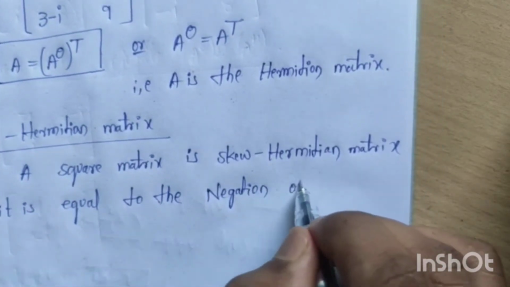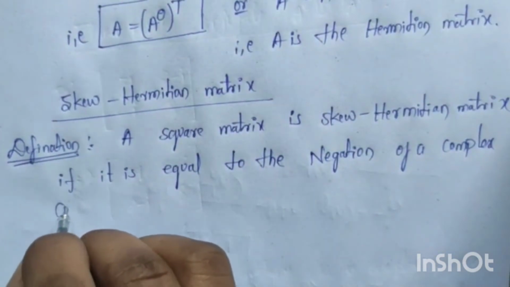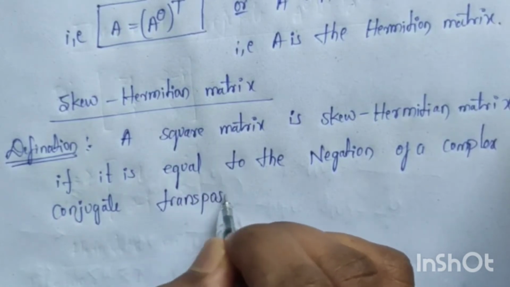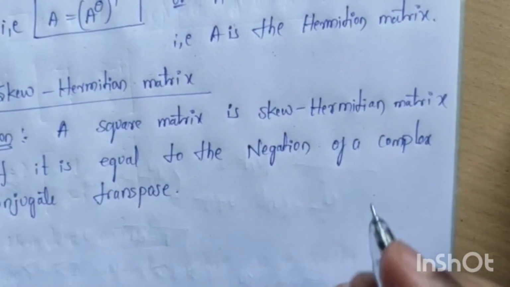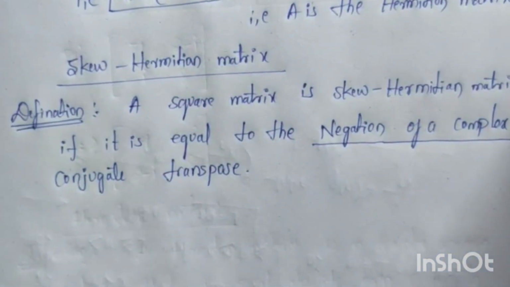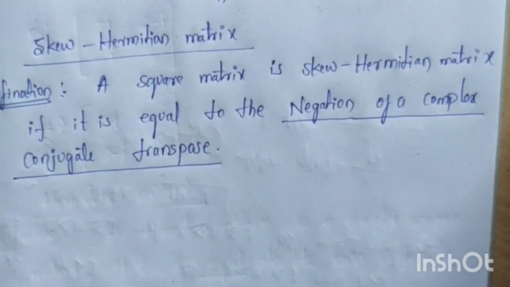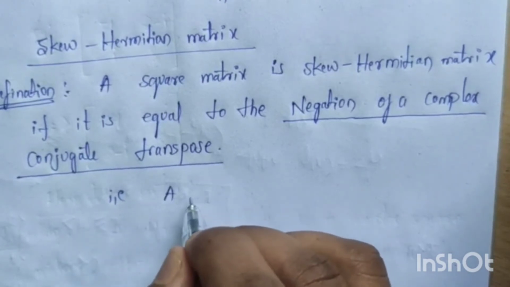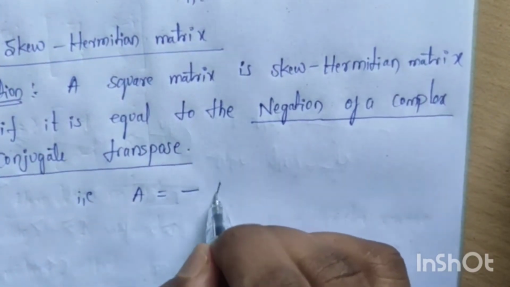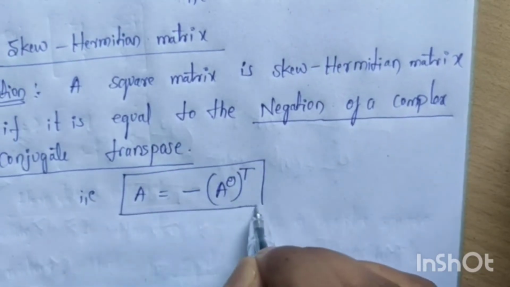Negation means negative times. That is, A equals minus, take the minus sign, it is the negation, A conjugate whole transpose is called a skew-Hermitian matrix.